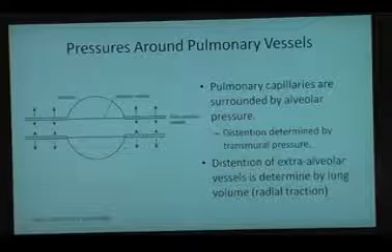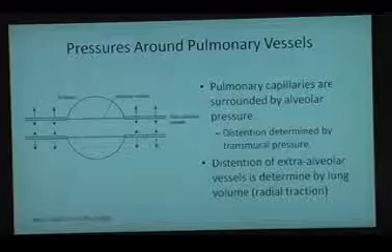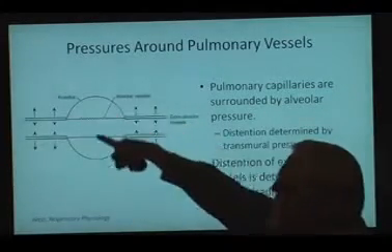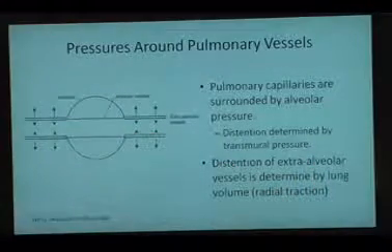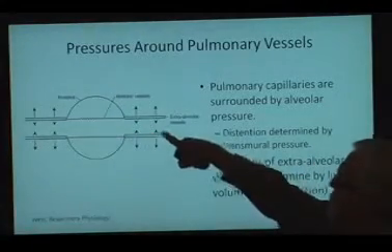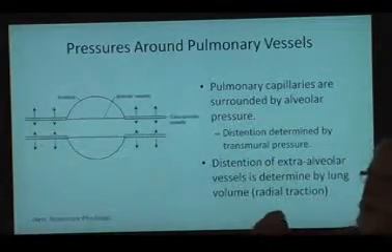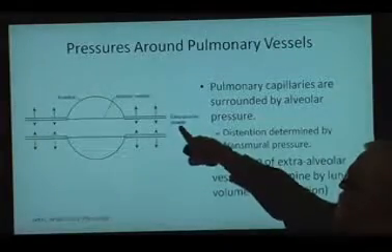So the pressures around pulmonary vessels in the lungs are determined by whether the vessel is surrounded by alveoli, or alveolar vessels, or whether the vessel is not surrounded by alveoli, but is surrounded by the lung structure itself, or extraalveolar vessels.